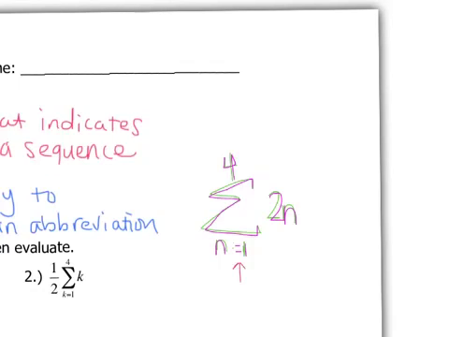On the bottom, this is telling you where to start. This is telling us to start with the first term. The number on top tells us where to end. So in this case, this is telling us to start with the first term, end with the fourth term.